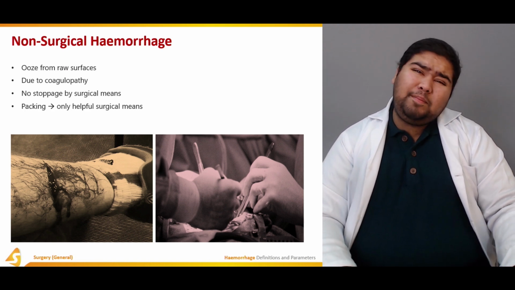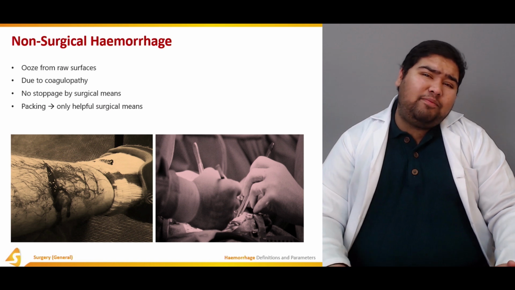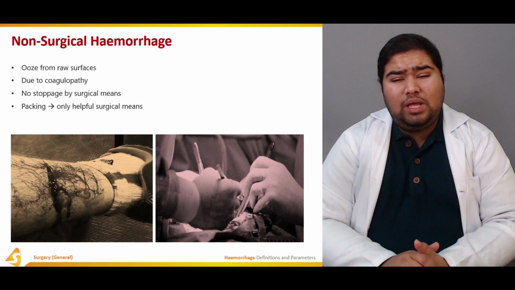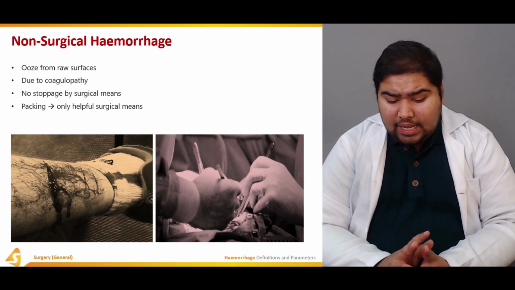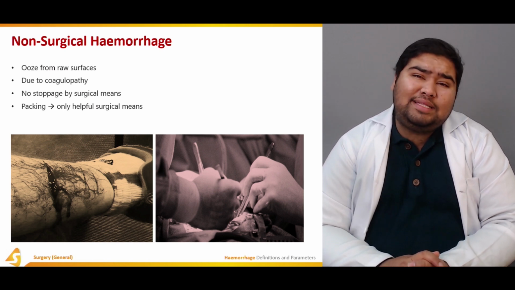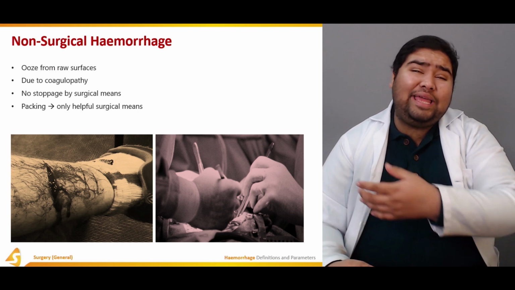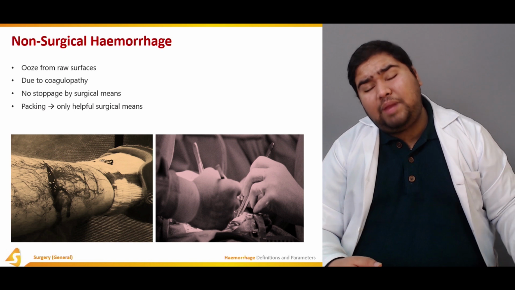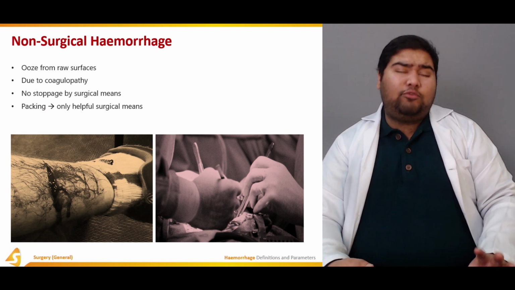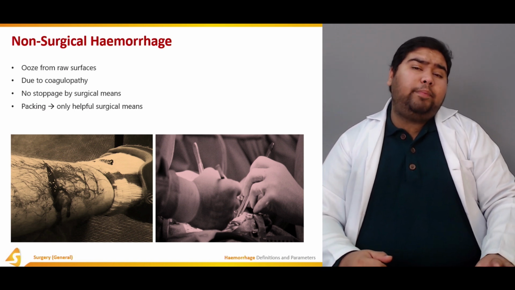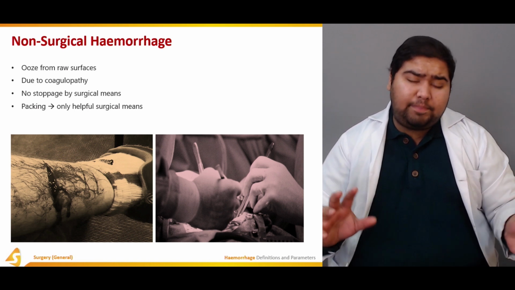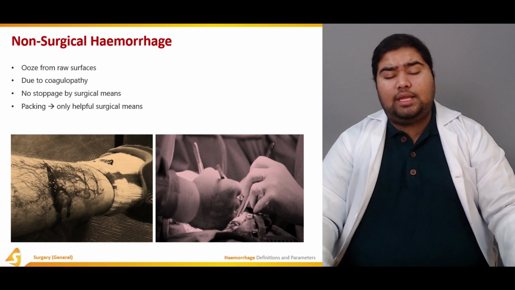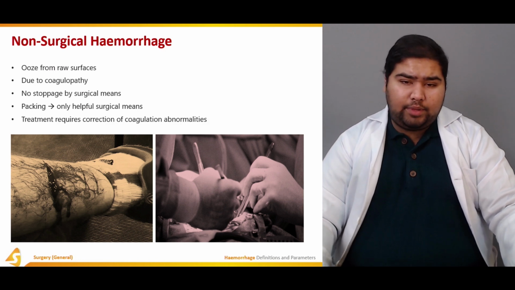Now packing is only helpful sometimes. Packing is sometimes helpful in the sense that you try to pack the entire area that is bleeding, and once pressure has been applied to that area, somewhat the bleeding might stop. And packing is the only surgical means which can be utilized in a non-surgical hemorrhage.